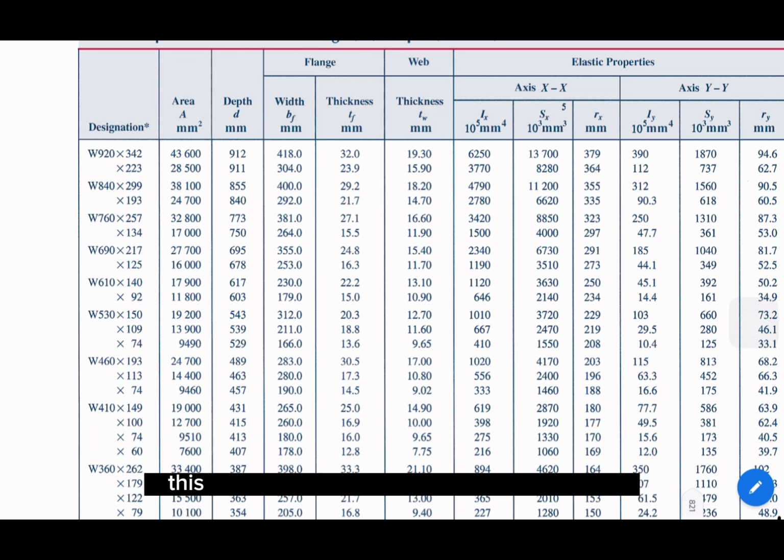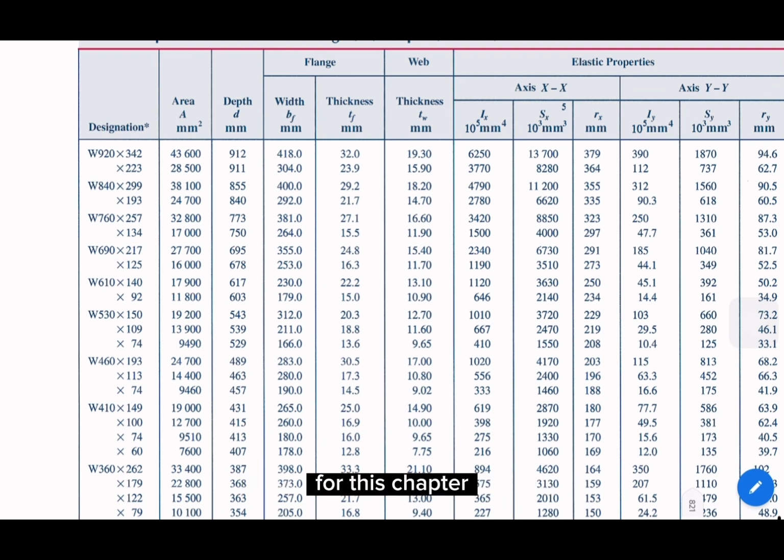So if, for example, this type of question is appear in your exam, I will also provide this, and I hope you can familiarize with the property. I also prepare some of the exercise for this chapter, and then apply this table, and then you can just find which one is the suitable one for each question.